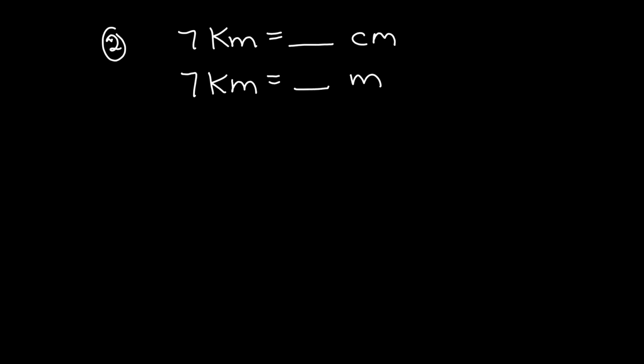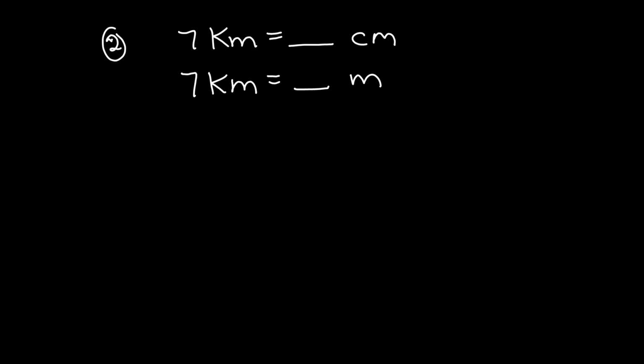Number 2. 7 kilometers is equal to how many centimeters? Well, if I look at my conversion charts, I know that there's nothing that gives me kilometers and centimeters in the same line. So this is a two-step conversion. If I start with kilometers, I can change my kilometers to meters.